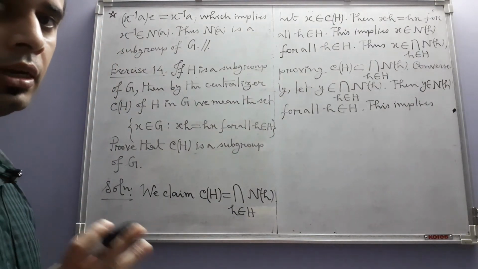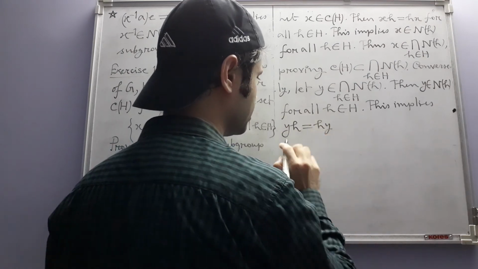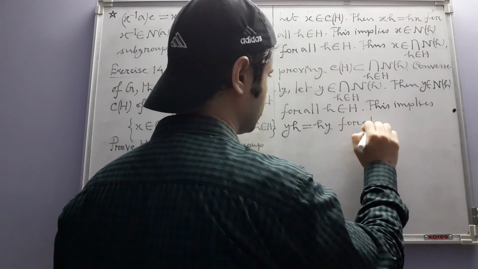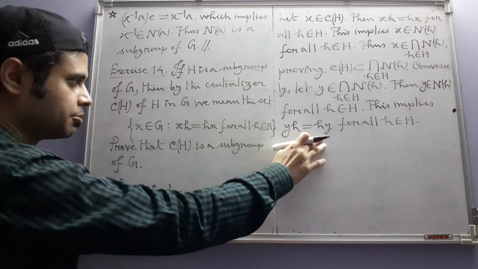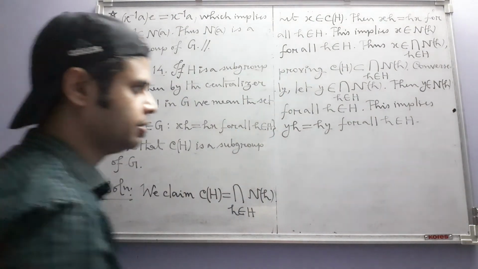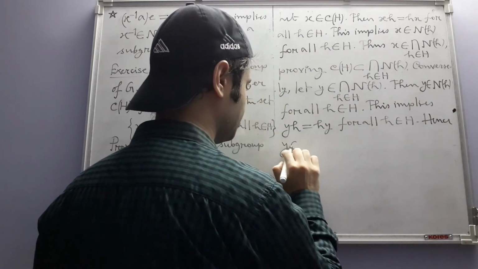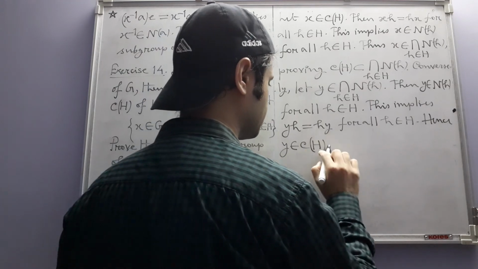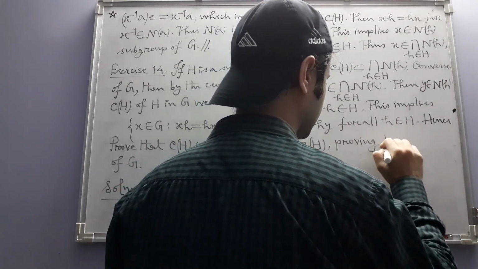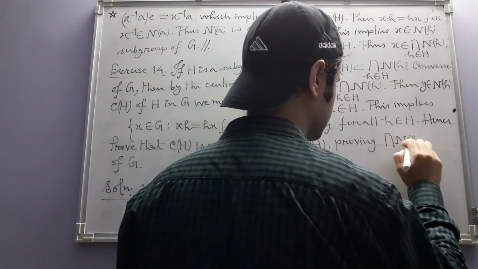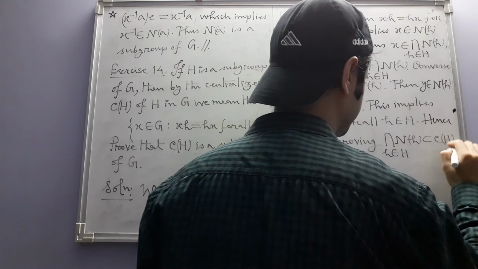Y commutes with the element H. YH is equal to HY, but this is true for all H belonging to H. That means Y commutes with every element of capital H. Hence, Y belongs to CH, proving that the intersection is also a subset of CH.